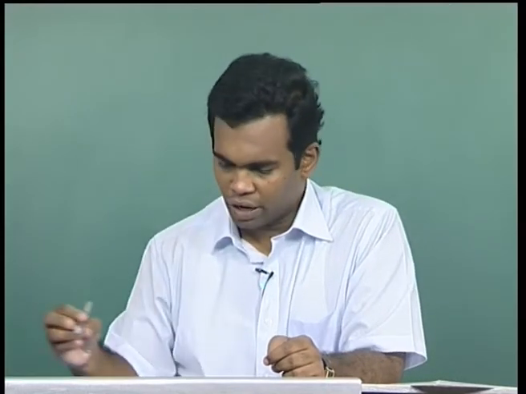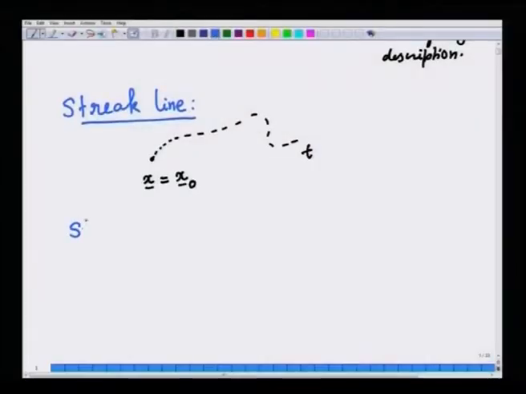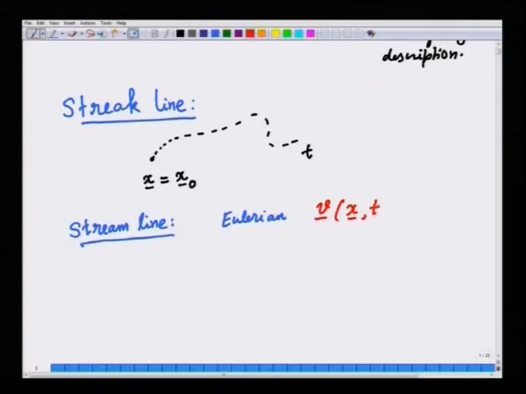And finally, you have the stream line, which is an inherently Eulerian concept, in the sense that in the Eulerian description, the fluid velocity is given as a function of spatial locations with respect to a fixed coordinate system and time.